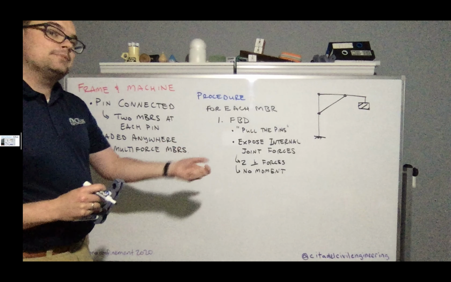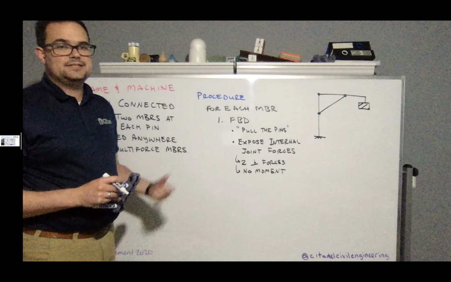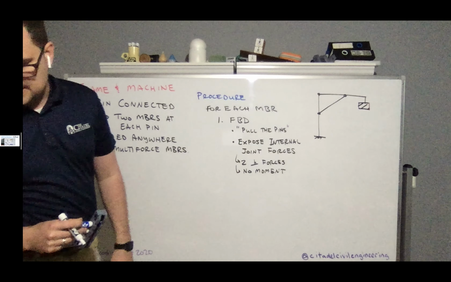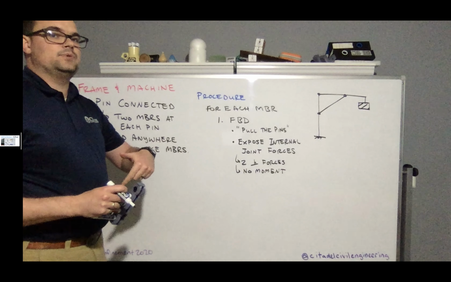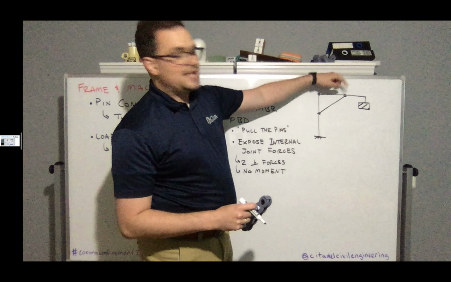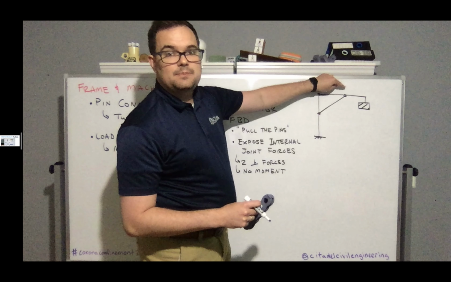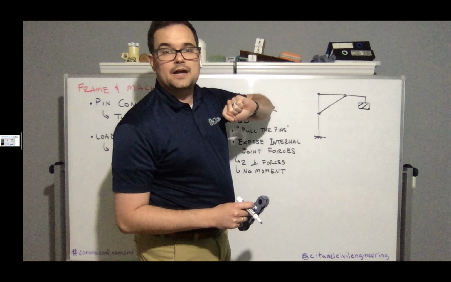So in the case of frames, when we pull these pins, we're going to have to replace those pins with these external forces. Now, Newton's third law tells us that for every action, there's an equal and opposite reaction. So for any force acting on, say, this member, there's going to be an equal and opposite force acting on the other member.